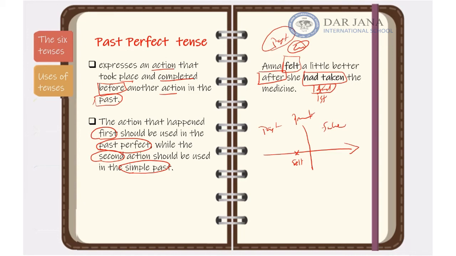So she had taken that before. Okay? So the action of taking happened and ended before the feeling of being a little better. Now, if you have two actions where one action happened in the past, but it's still ongoing until another action in the past happened, you might use the same tense.